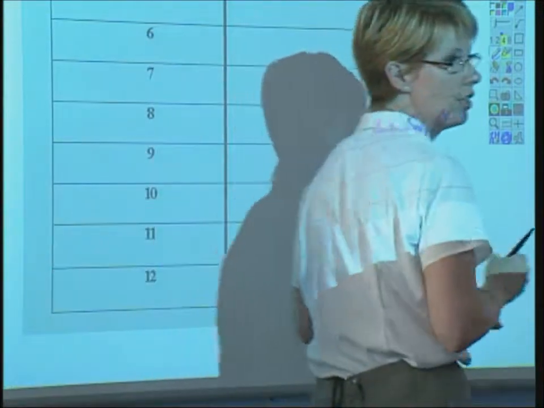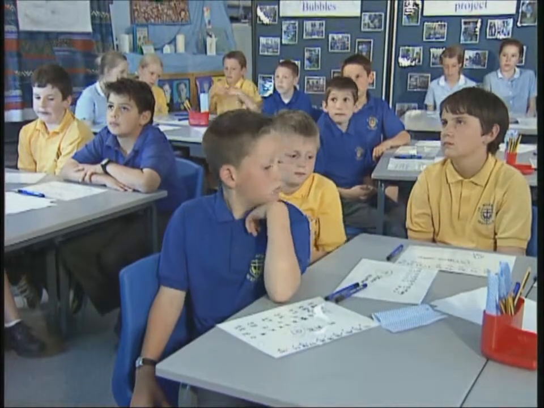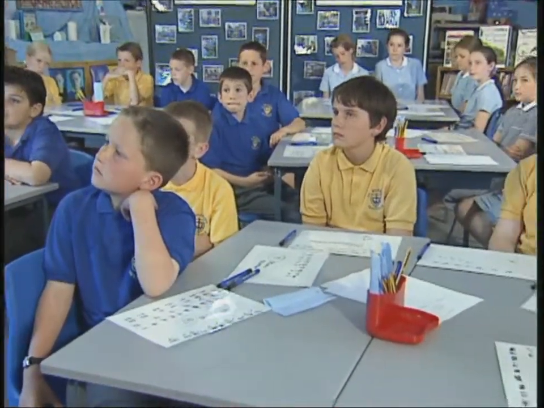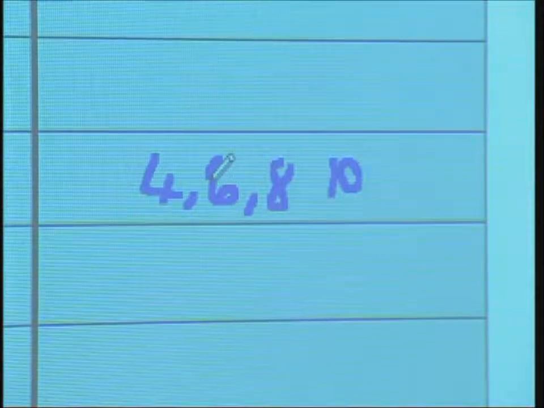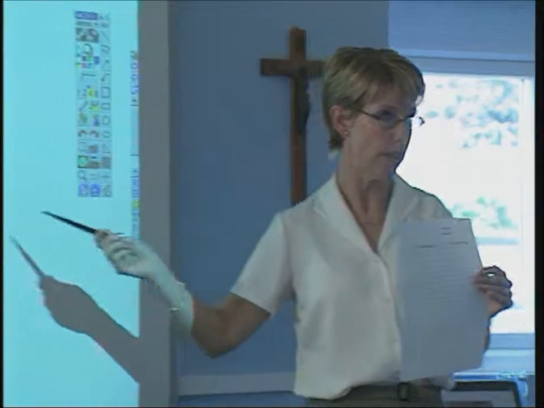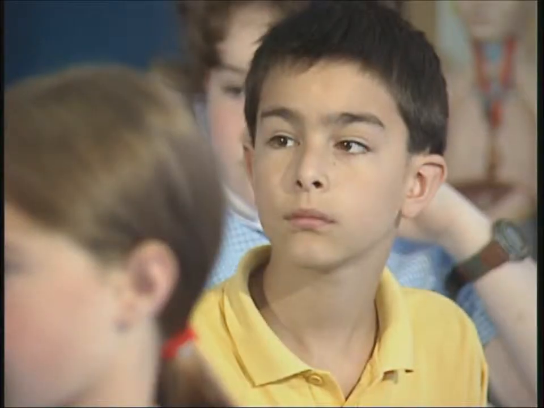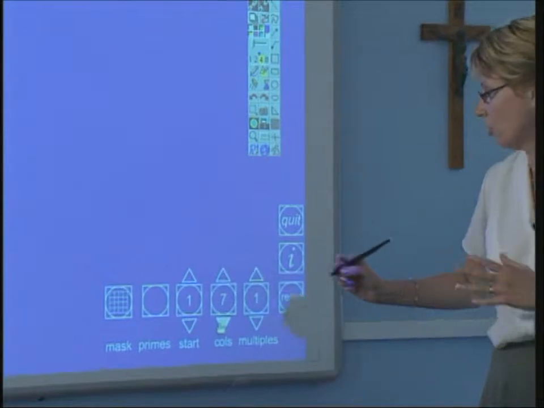Now, children, we found the pattern for the 10th column. What you're now going to do in your group work is on your tables, you've got different size grids for you to investigate. I want you to look at those grids and see if the pattern changes, recording the columns with no primes. For example, if I went to a 9 grid, an 8 grid, a 7 grid, whatever the size grid, does the pattern change?